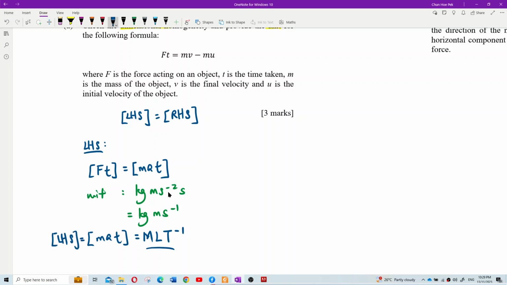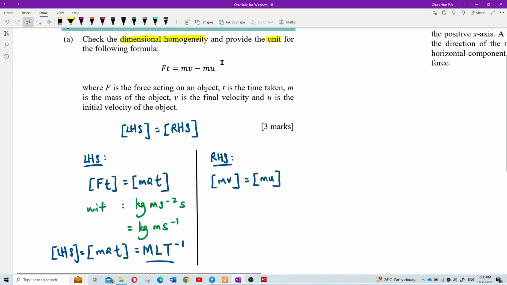Okay, now let's check the dimension of the right hand side. Let's check the dimension of the right hand side. So the dimension of mass and velocity is equal to the dimension of mass, velocity. Final velocity and initial velocity is the same.